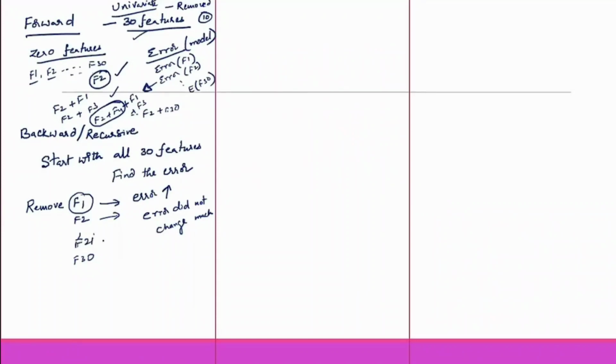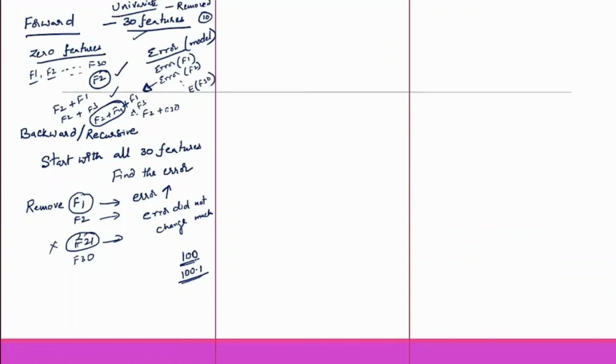In the original, when I included all 30, let's say the error is 100, right? And when I removed F21, the error became, let's say, 100.1. So the error increased, but this increase was very, very marginal.